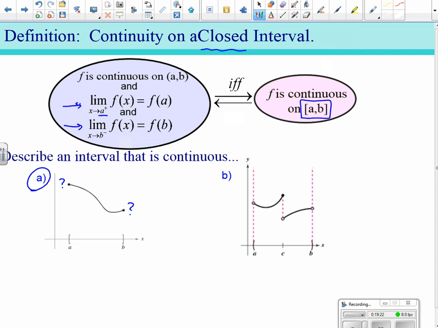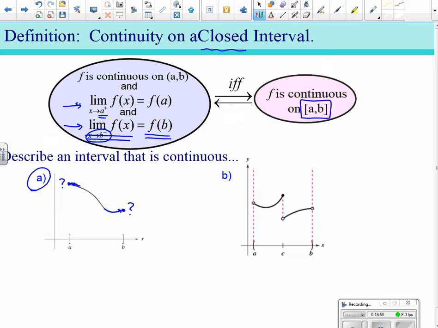Notice how we're coming into A from the right side. So the limit as we come into A from the right side, does that limit equal the actual f of A point? And in this case, it does. And then from B, since B is to the right, I want to come into B from the left side. As I'm coming into B from the left side, does the limit's value equal the point's value?